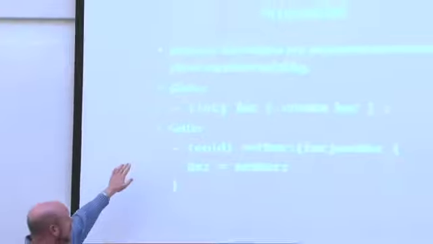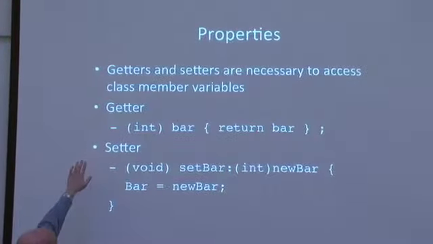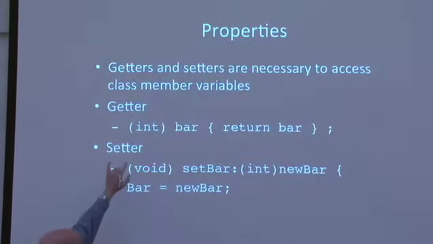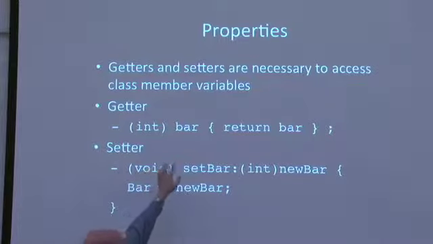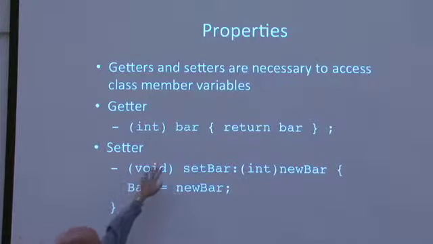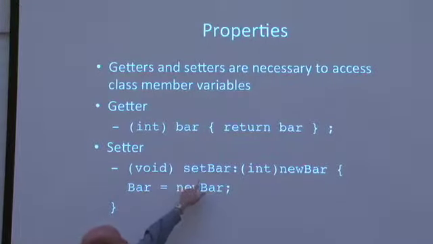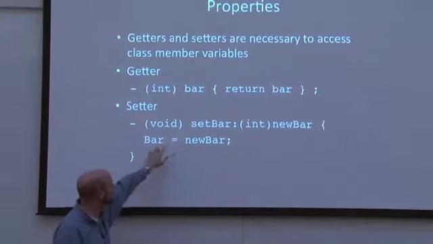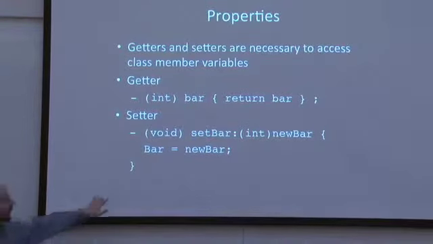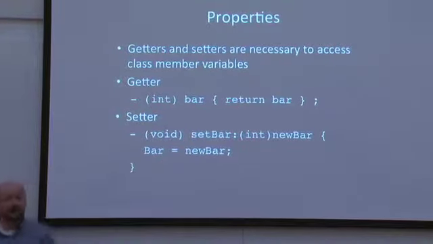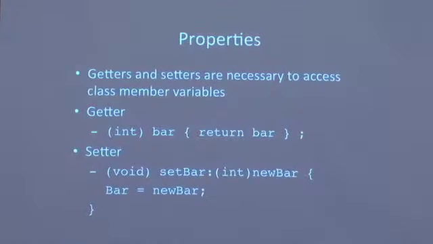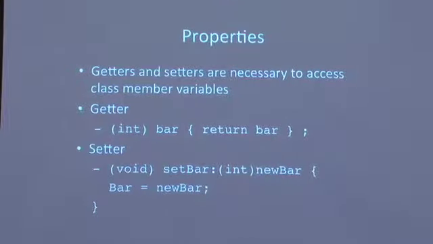It will create a getter for you of the structure return value, name, and it will just return the value of that item. The setter works similarly, but instead of just the name, it prefixes it with set, capitalizes the name, and allows you to set the value, in this case, just with an assignment. But we will see that there are other things other than just assignment when we get into the details.